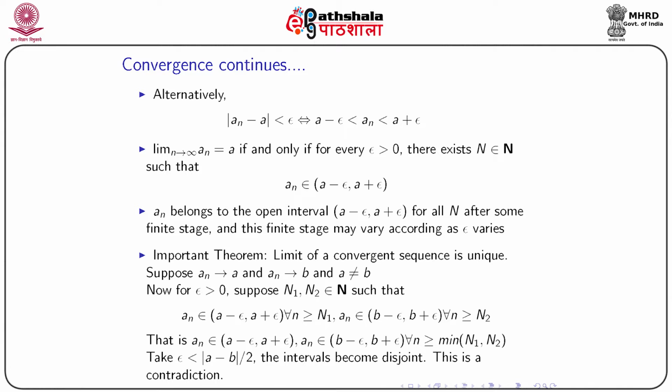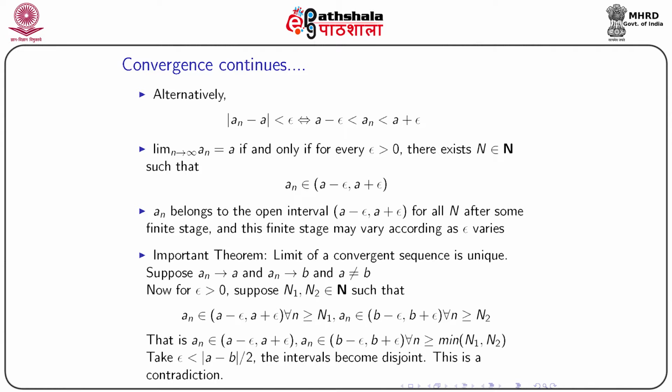Now for every epsilon greater than 0, suppose we define two different numbers n1 and n2 belonging to the set of integers. n1 is for when I am considering an converging to a, and n2 is for when I am assuming that an converges to b. So by the definition we already gave, an belongs to the open interval a minus epsilon to a plus epsilon for n greater than or equal to capital N1, as we are assuming that an is converging to a.